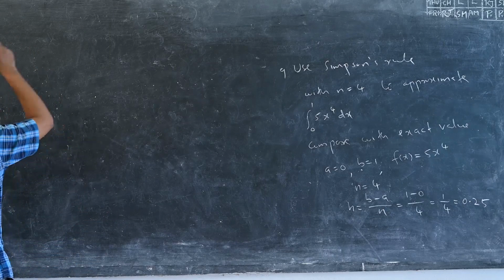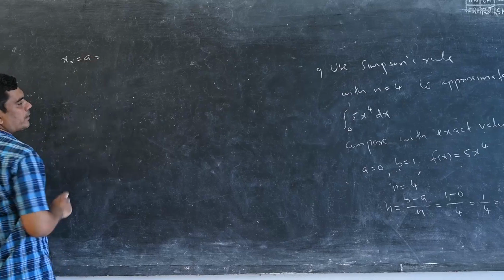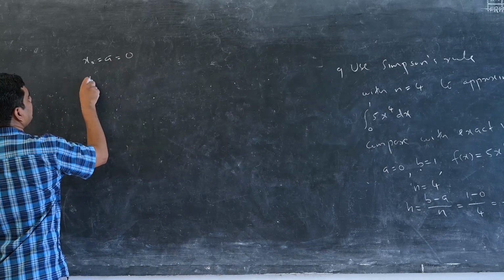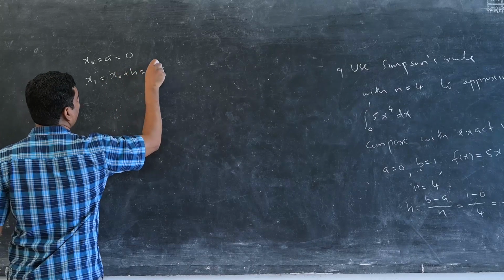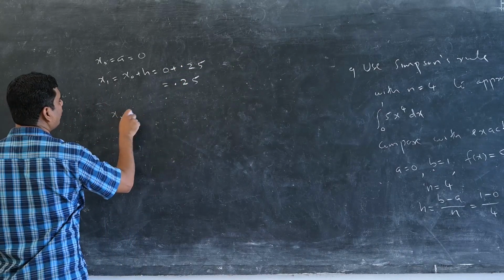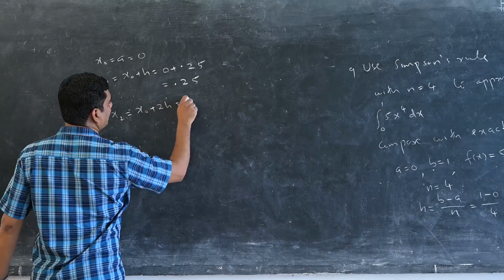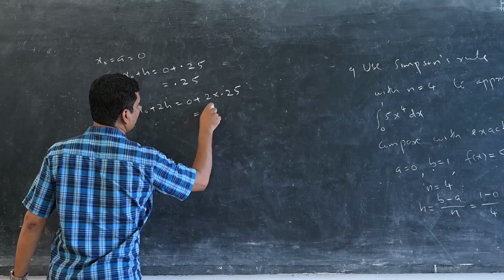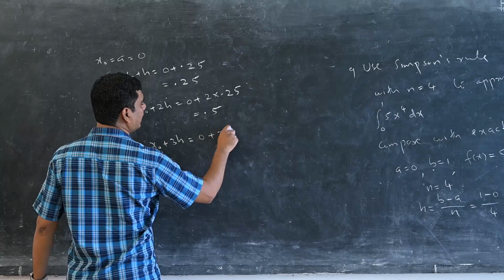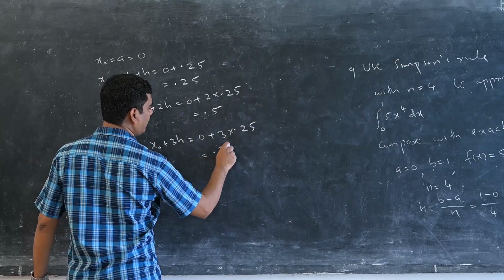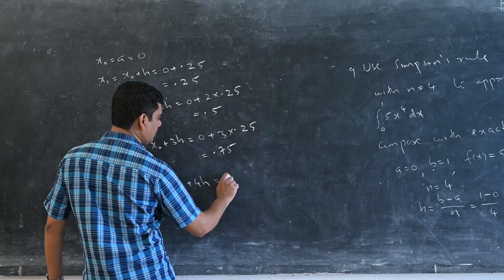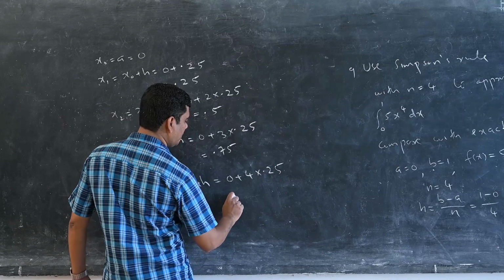Now start with x0 is equal to a, the lower limit of integration, which is 0. x1 is equal to x0 plus h, 0 plus 0.25, which is 0.25. x2 is equal to x0 plus 2h, 0 plus 2 into 0.25, which is 0.5. x3 is equal to x0 plus 3h, 0 plus 3 into 0.25, which is 0.75. x4 is equal to x0 plus 4h, 0 plus 4 into 0.25, which is equal to 1.